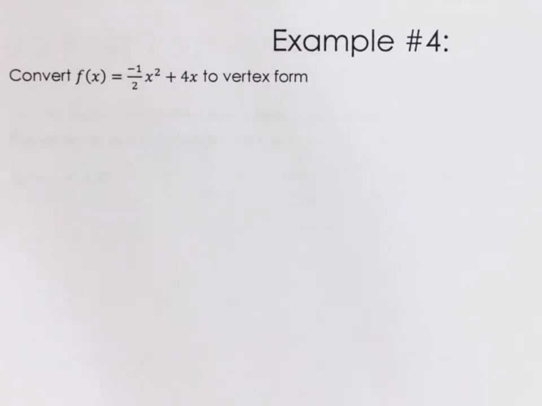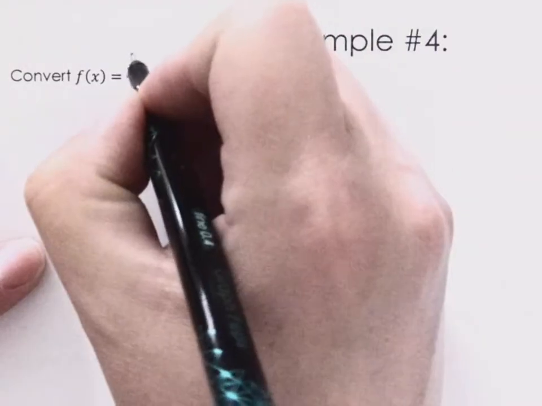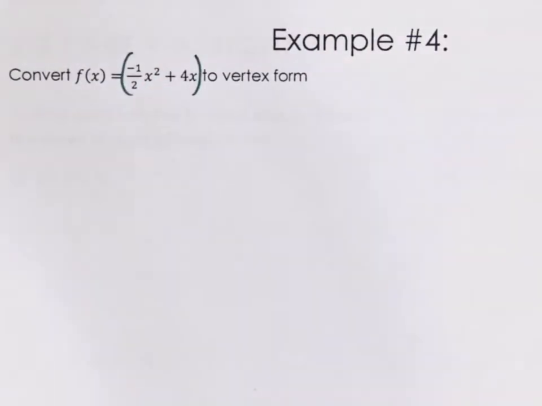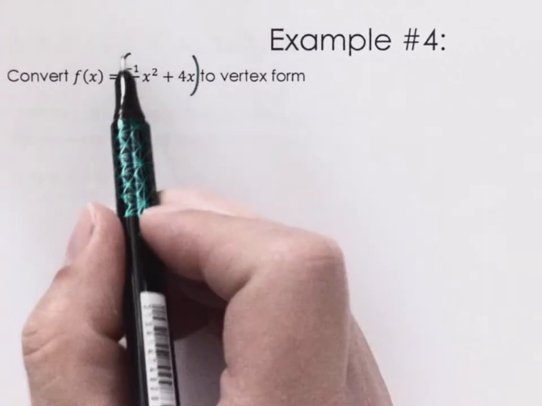Okay, big deep breath. What's step 1? Group your X's. All right. Step 2. So we're going to common factor out that -1/2.